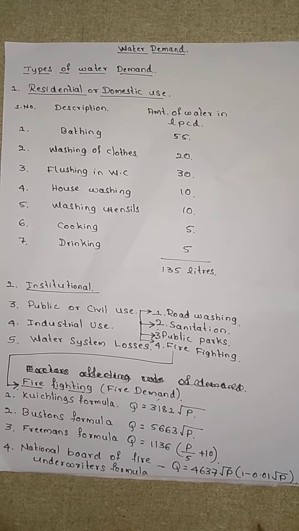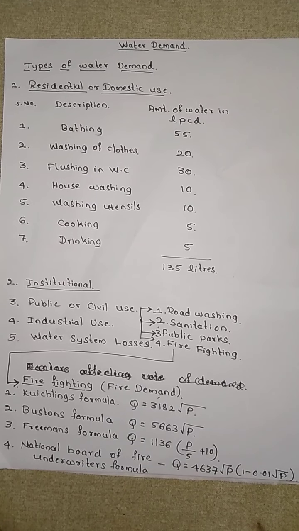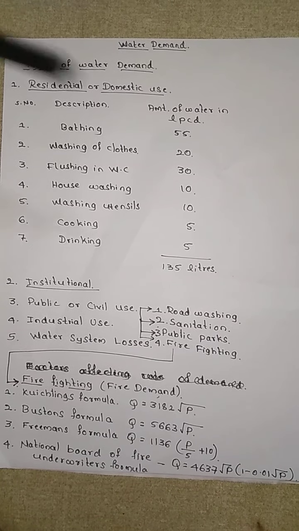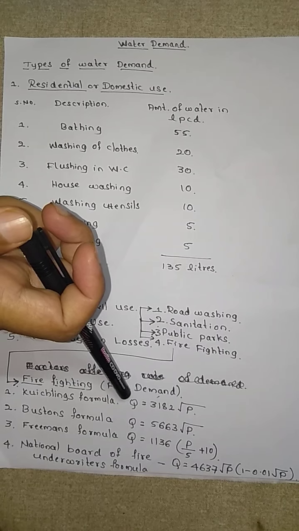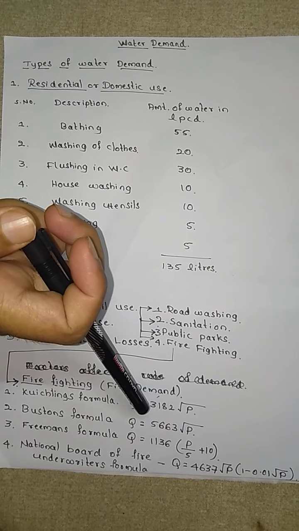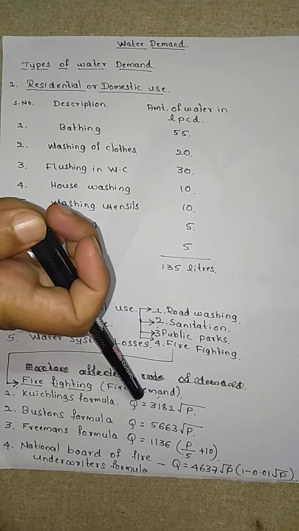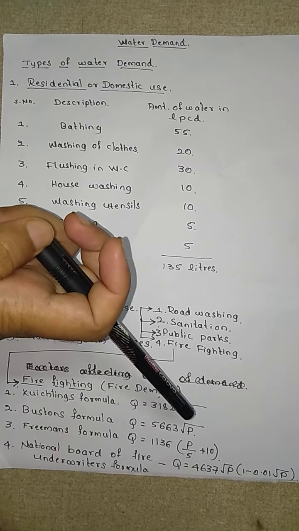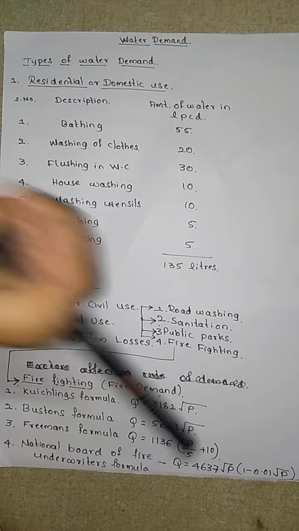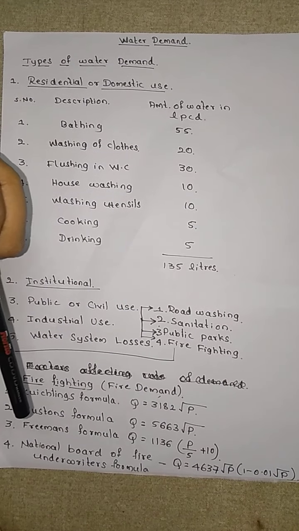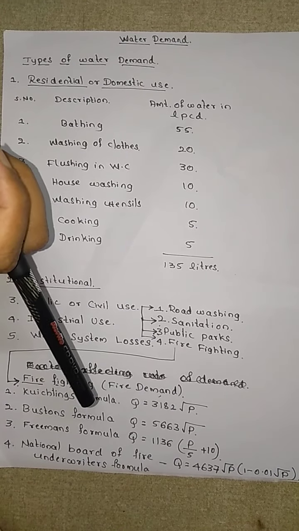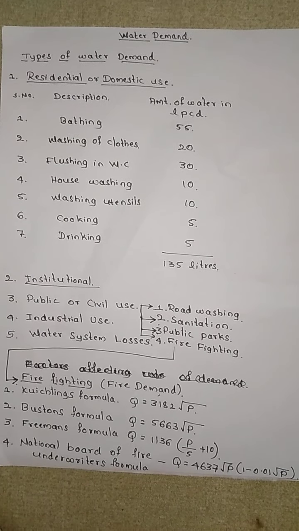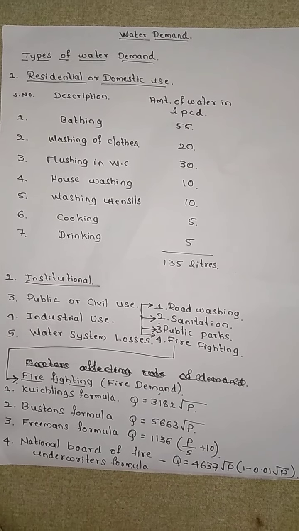Here Q is the quantity of water in liters per minute, which we usually call the discharge, and P is the population in thousands.